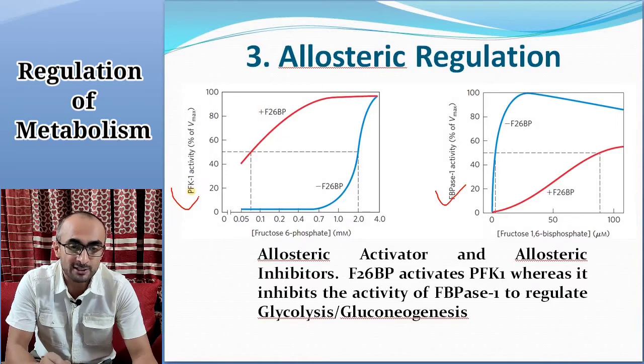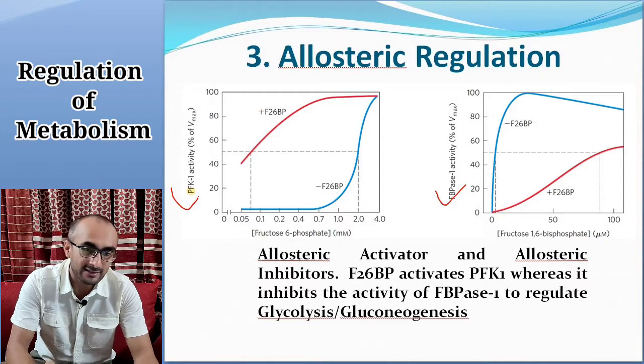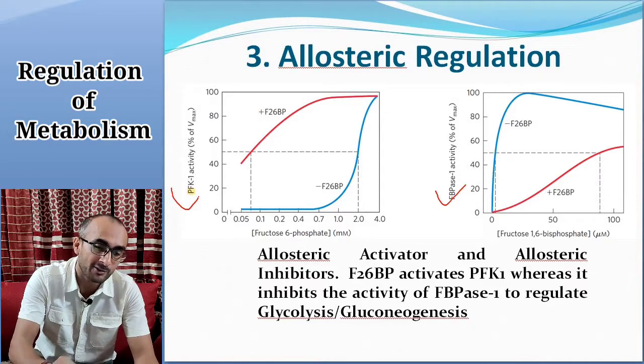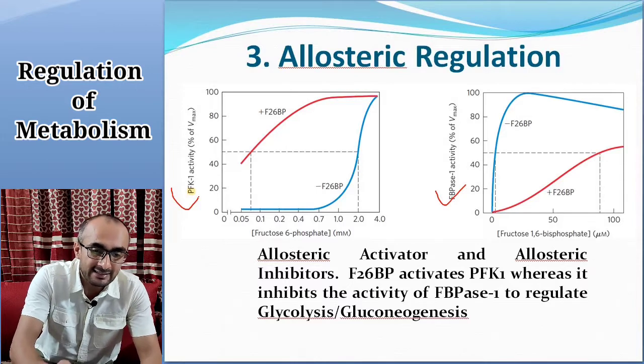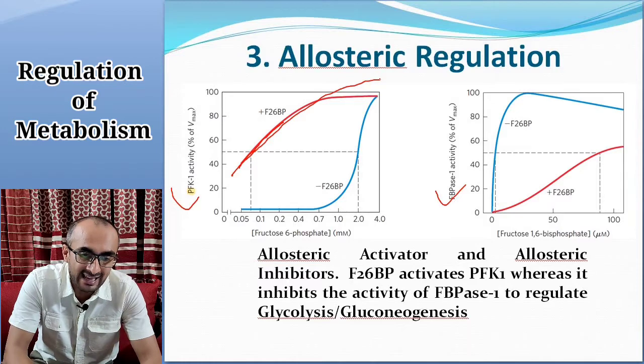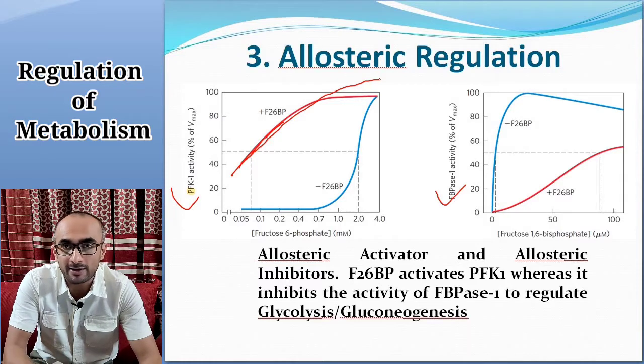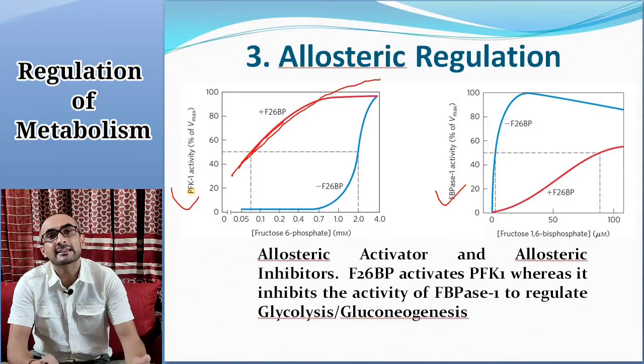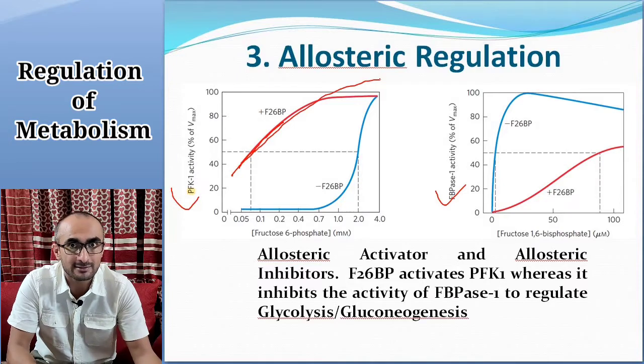So fructose 2,6-bisphosphate binds to both the enzymes, but it has different roles. In case of PFK1, phosphofructokinase, it increases the activity of PFK1, that we can see by the red line. So when fructose 2,6-bisphosphate is present, it enhances the activity of PFK1, so it works as an allosteric activator for PFK1.